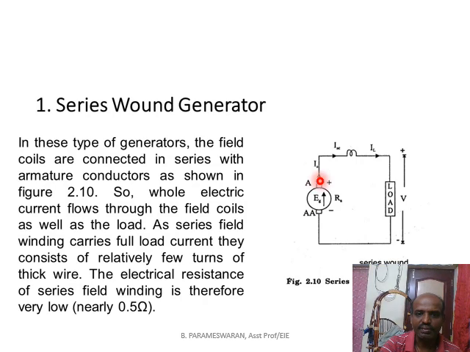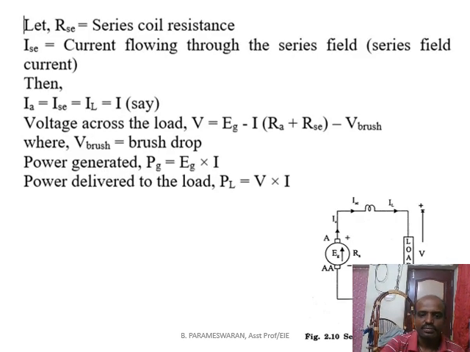This is a diagram of the series wound generator. Here your field winding is connected in series to the armature. That's why we call this the series wound generator. From the figure, since the field winding is connected in series, its resistance is written as Rse, the series coil resistance.